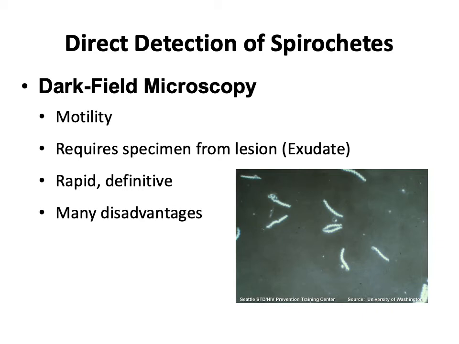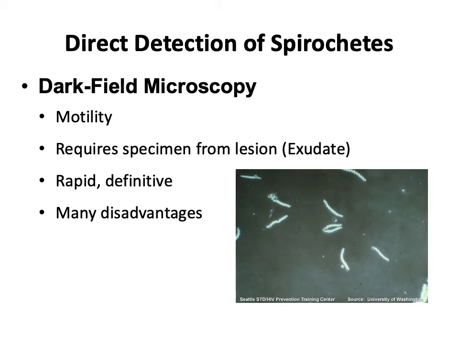Number two, confusion with other pathogenic or non-pathogenic spirochetes may occur. Generally, it is not recommended for oral lesions because of the specificity problems with non-pathogenic spirochetes in the oral cavity. Number three, it must be performed immediately because motility is important for identification.